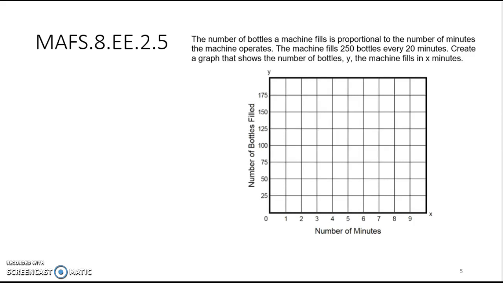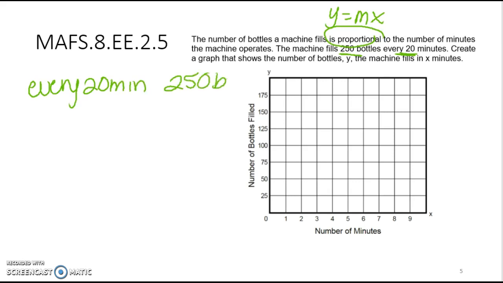So the number of bottles a machine fills is proportional. Remember that word proportional. It means I'm dealing with y equals mx to the number of minutes the machine operates. The machine fills 250 bottles every 20 minutes. So every 20 minutes, I am filling 250 bottles.